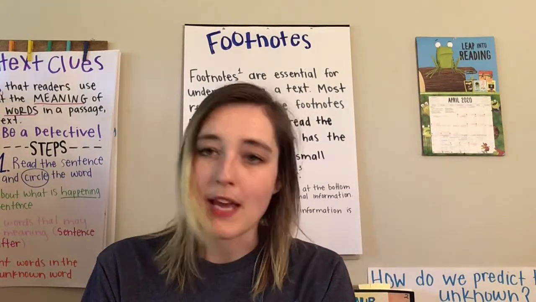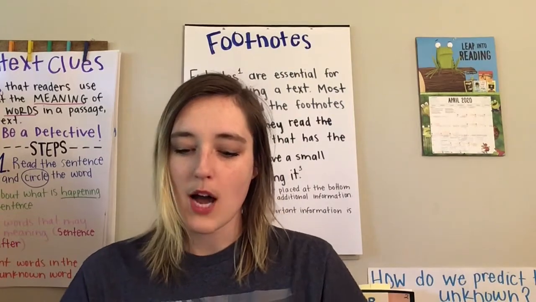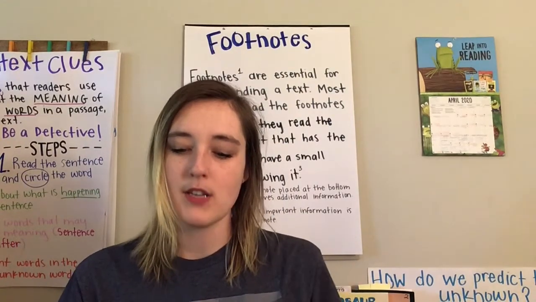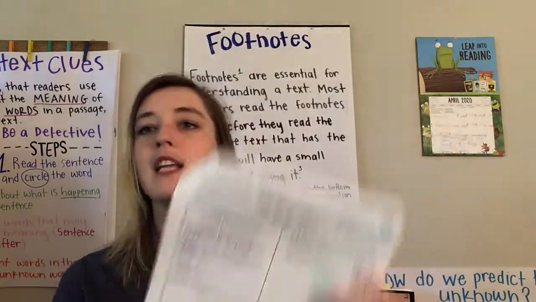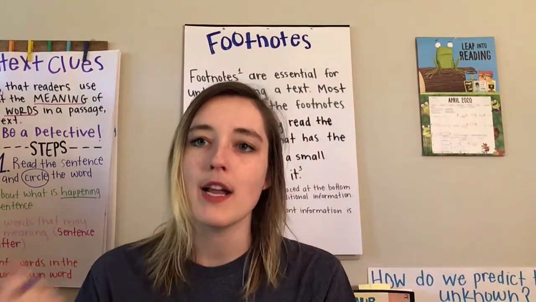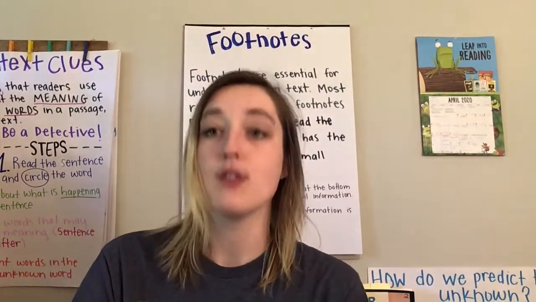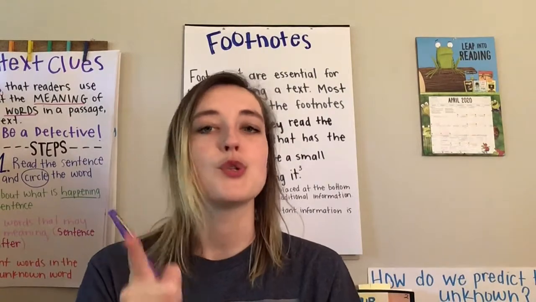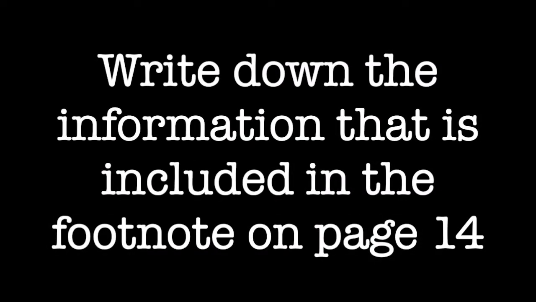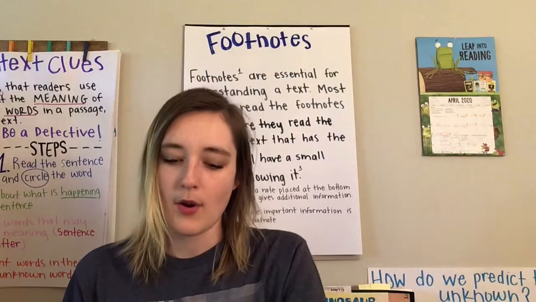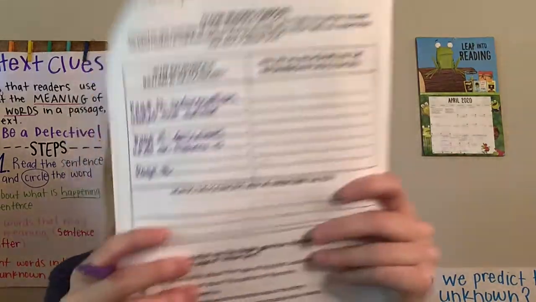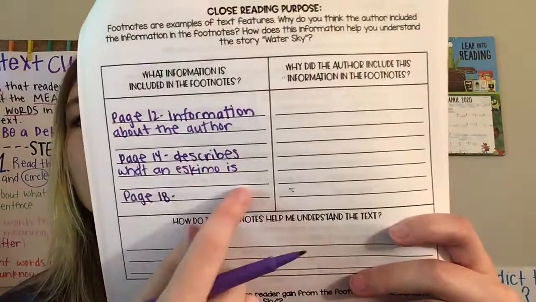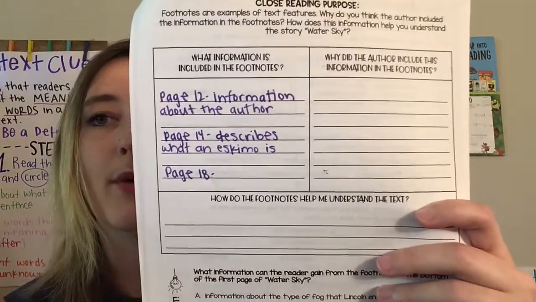So for what information is included in the footnote, it describes what an Eskimo is. So I'm going to write that down. You should too. Describes what an Eskimo is.